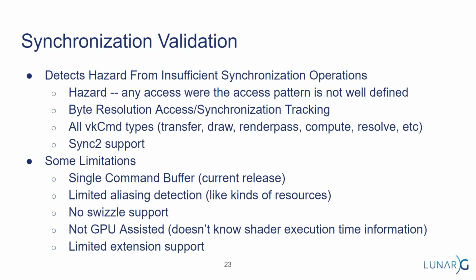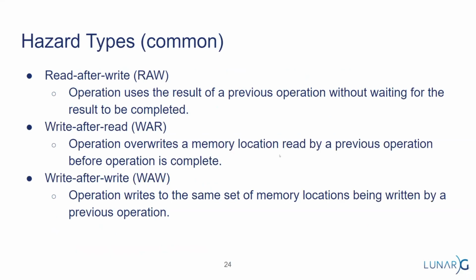We don't support byte swizzling in terms of images, and we don't do either GPU assisted or all extensions. And frankly, we can't do assessments of what is the compute shader's access pattern, because we don't simulate that. So let's go over the hazards. Jeremy alluded to them.